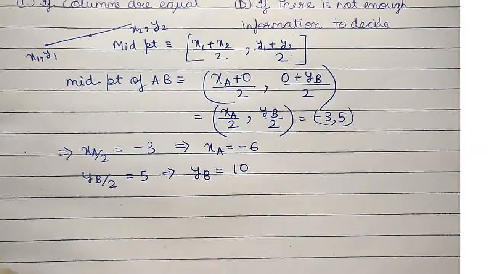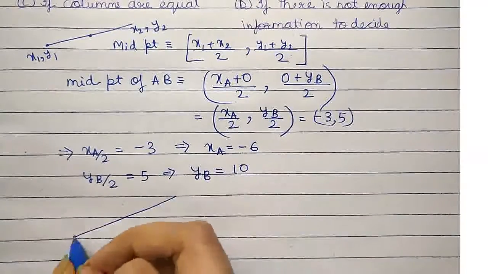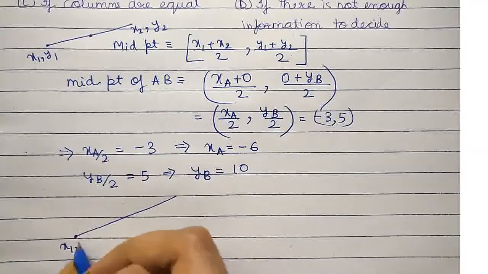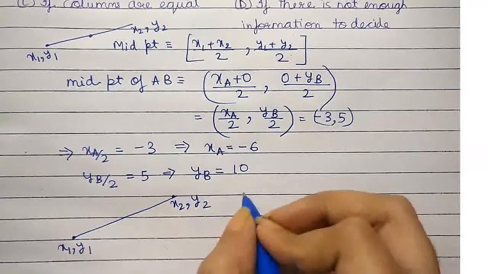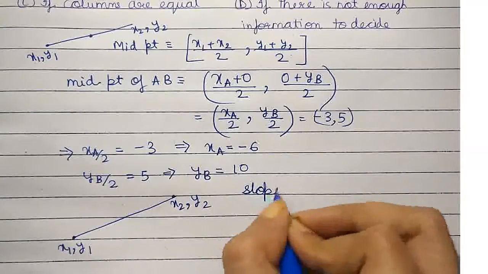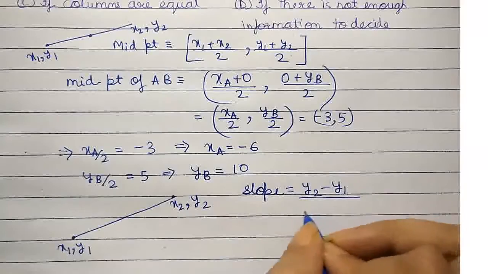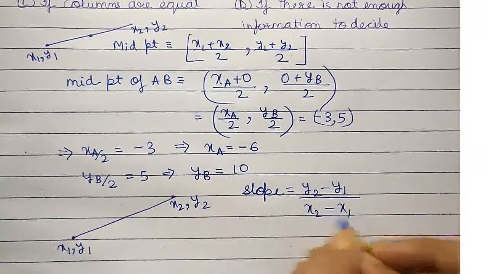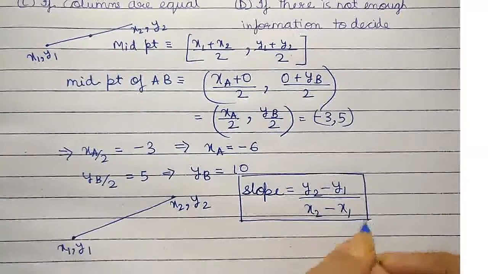Now to find the slope of AB, we should know that if we have a line segment with endpoints x1, y1 and x2, y2, its slope will be given by y2 minus y1 divided by x2 minus x1. This is the standard definition that is known to us.